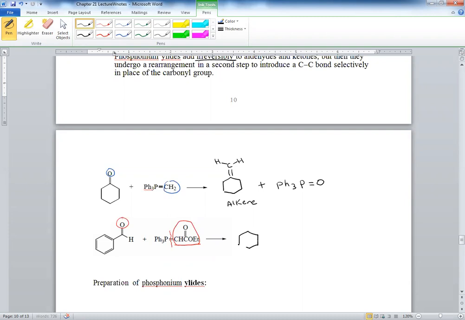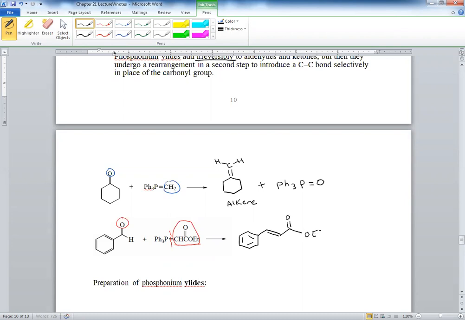Now, we're organic chemists by now, so we're going to need to draw this as an alkene in a nice form.